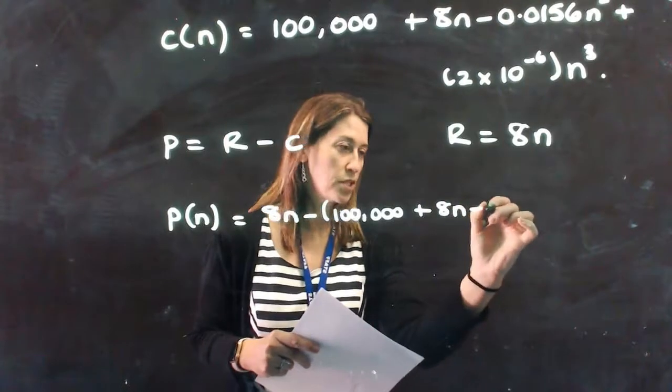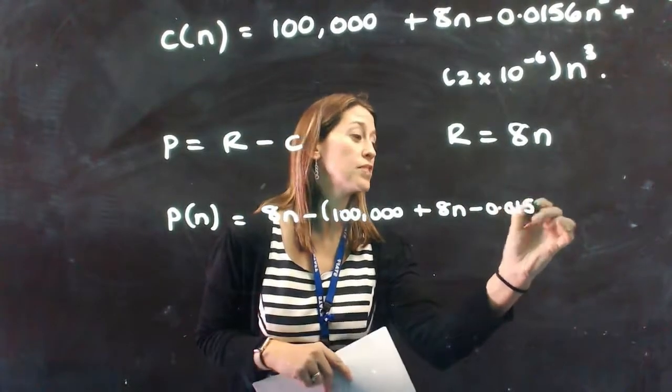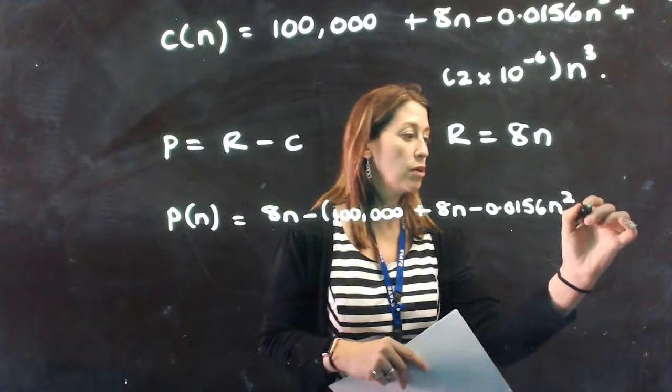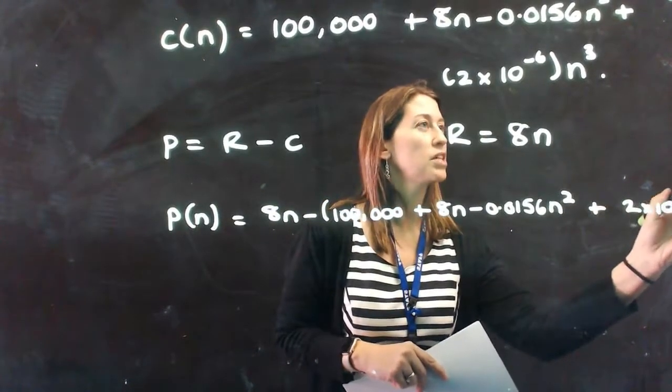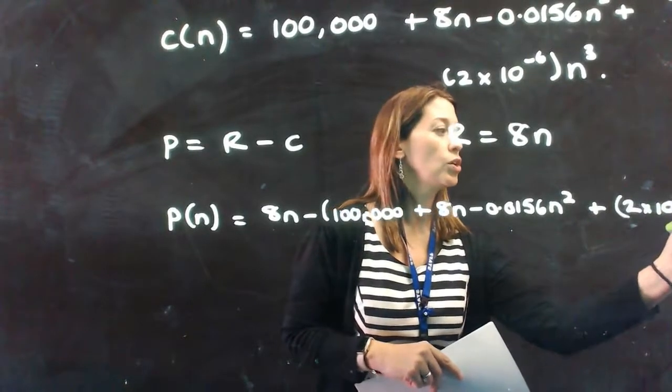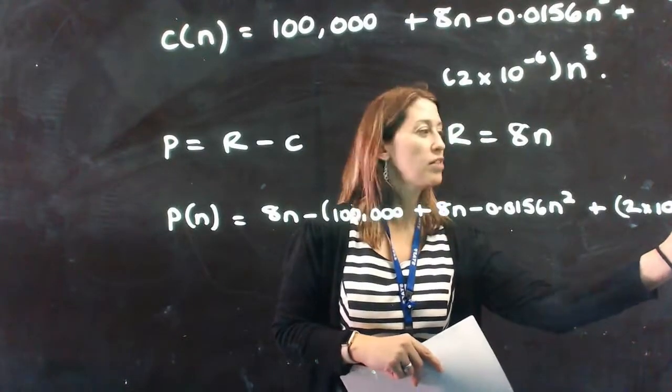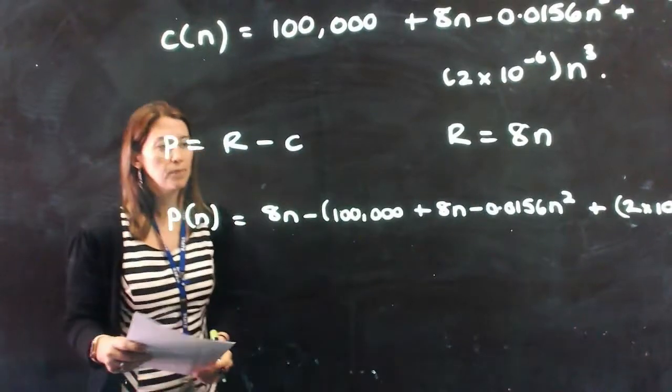8N minus this 0.0156 N squared plus 2 times 10 to the negative 6 N cubed, brackets around that because I'm subtracting all of that.